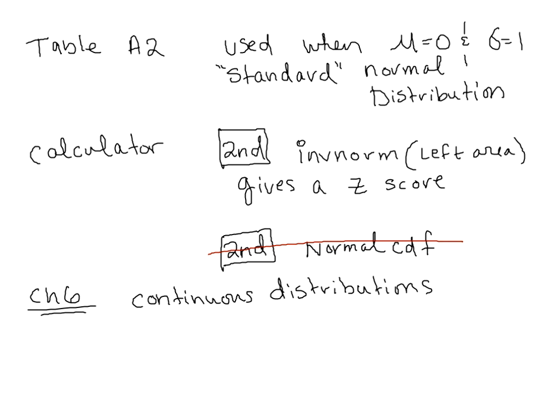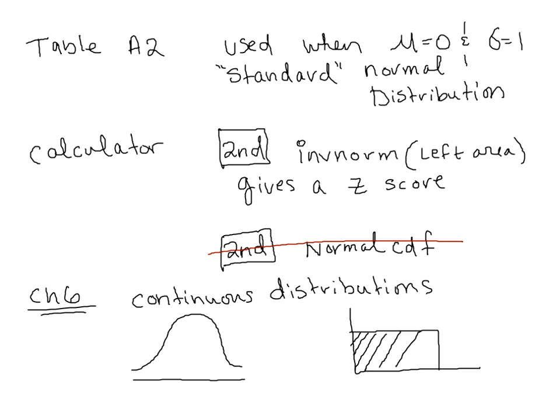And so for all continuous distributions, when you're trying to find a probability, probabilities are found by using the area underneath the curve. So for continuous distributions, whether it's the standard normal distribution or the uniform distribution, the one that had a rectangular shape, no matter which continuous distribution you're looking at, the area underneath the curve is the same thing as a probability.